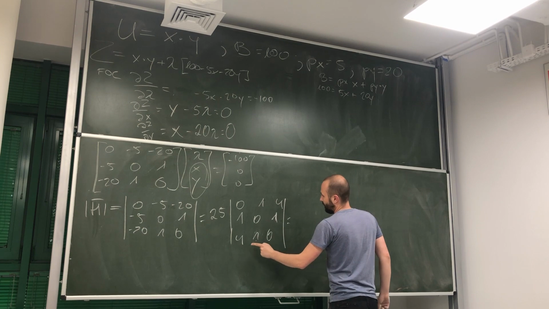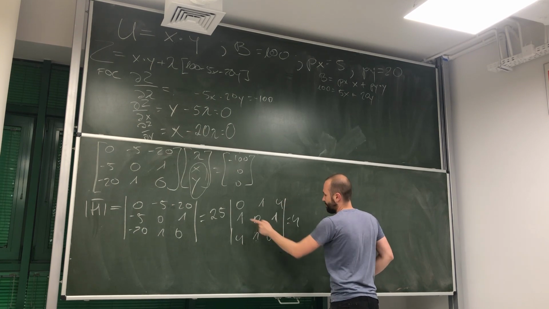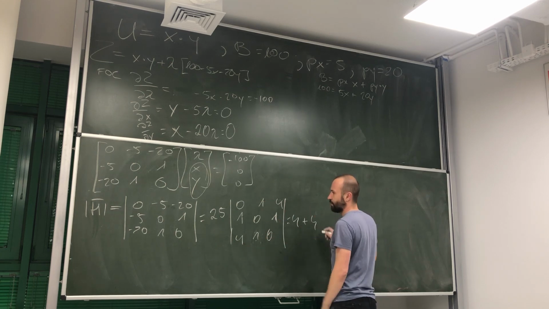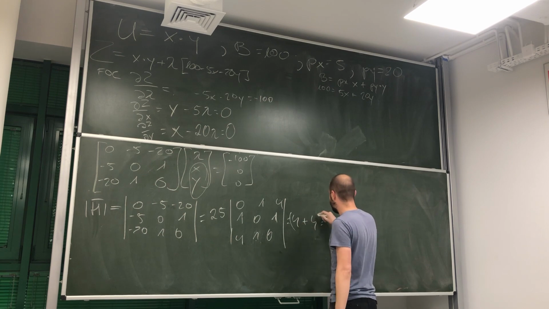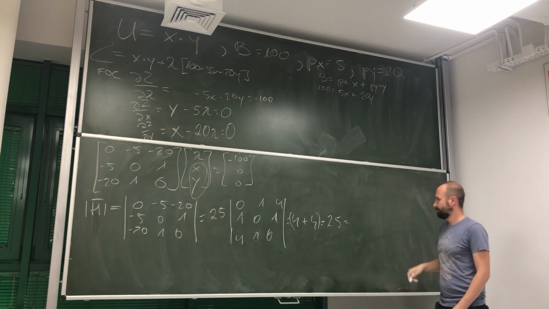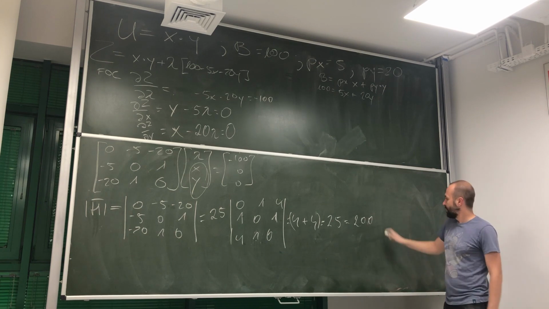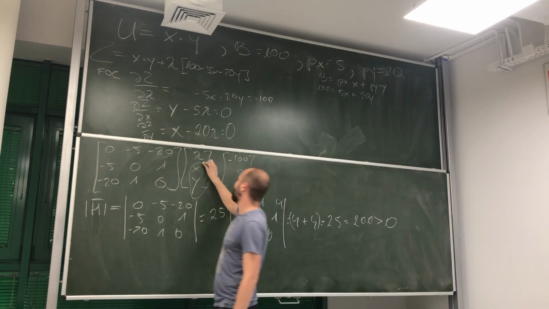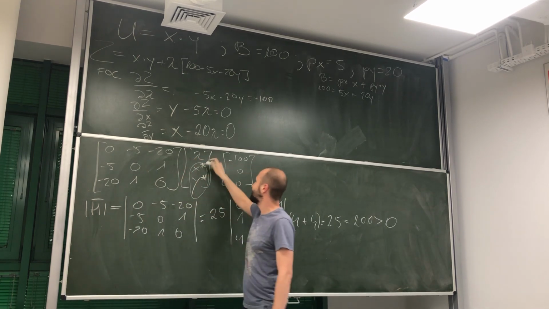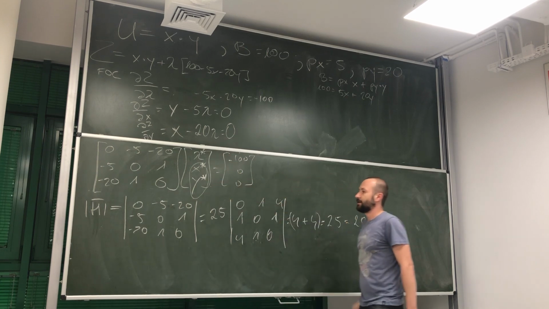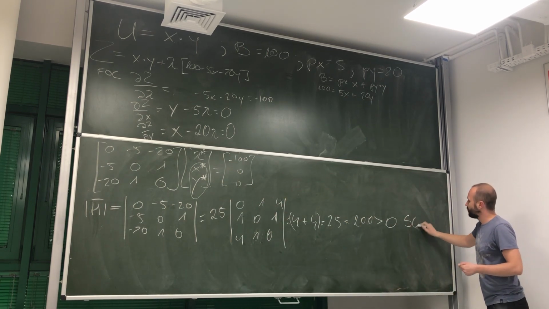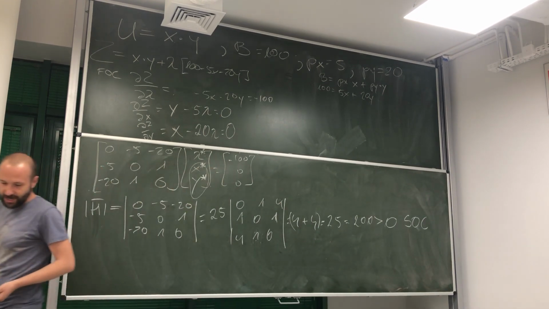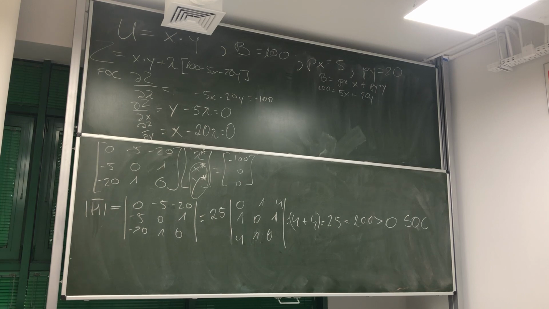It is 4 plus 4, which is 8, times 25, which is 200. 200 is positive, so we know we've got one unique solution and that it is a maximum, because we have dealt with the second order condition: we calculated the Hessian and showed that it is bigger than 0.